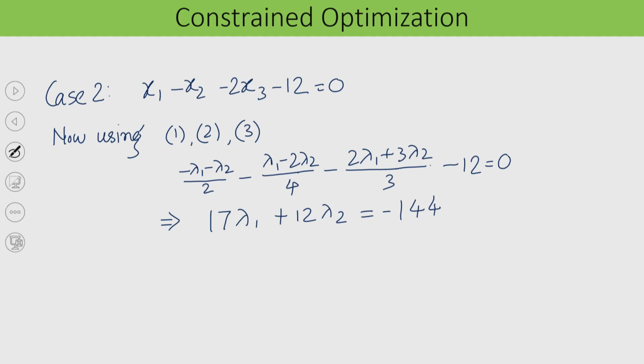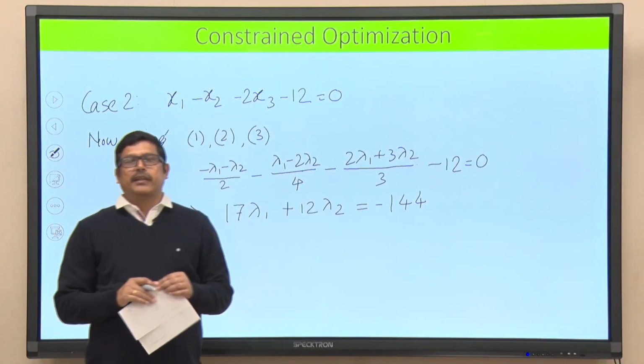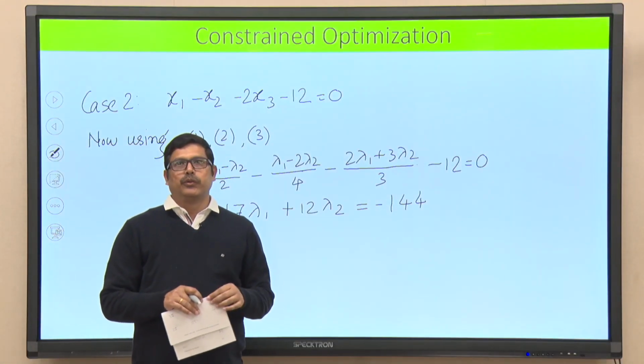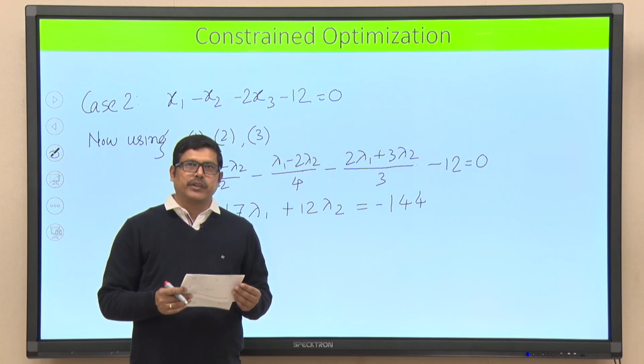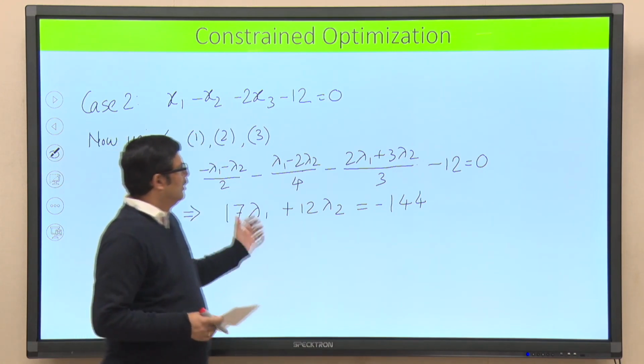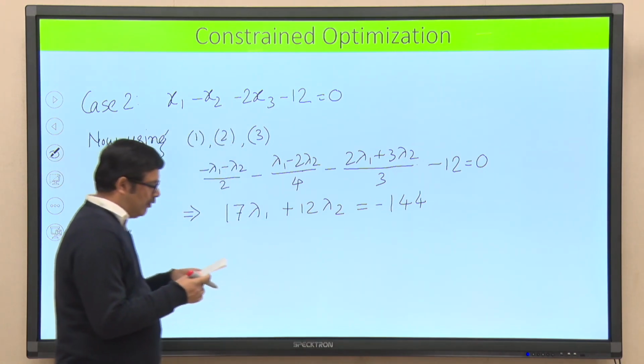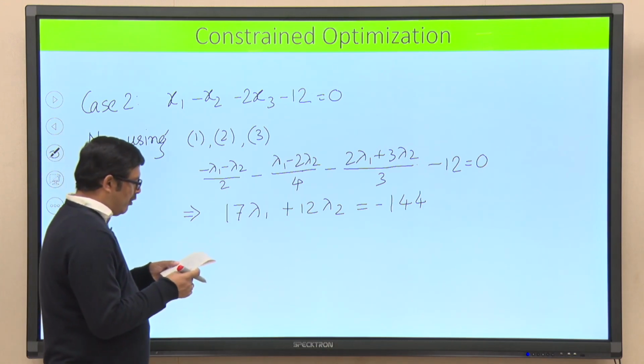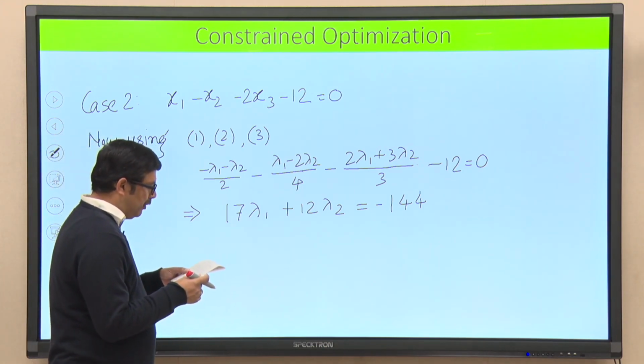Now, if I see in this equation, 17 lambda 1 plus 12 lambda 2 is equal to 144, therefore this lambda 1 and lambda 2 cannot be positive, because the value should be equal to 144. So, therefore, this is not possible.